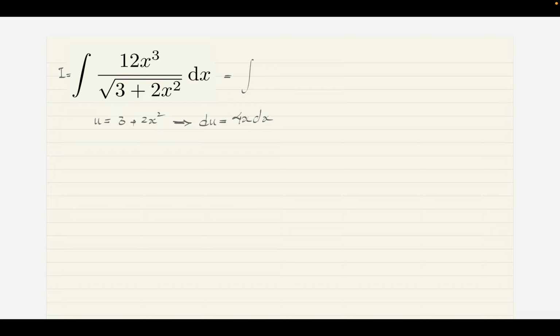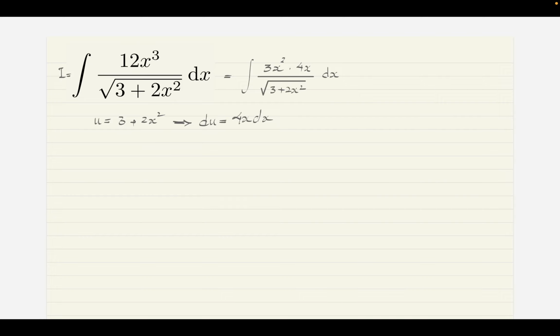Instead of 12x cubed, I can write it as 3x squared multiplied by 4x, and then I copy and paste the denominator, and then dx. Okay?